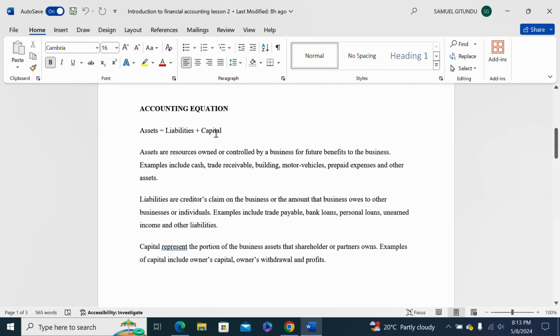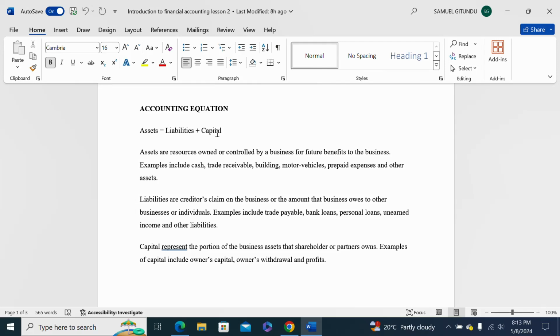The capital, we are saying that if you have these assets, if you take liabilities to the other side, then you have assets minus liabilities equals capital. Therefore, capital is the portion of the assets that remains after you have deducted all your liabilities.